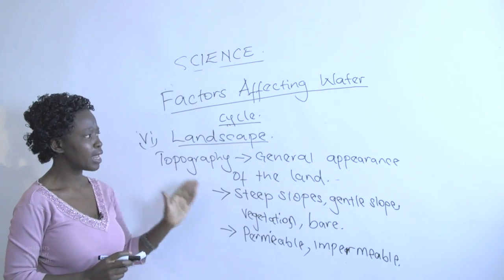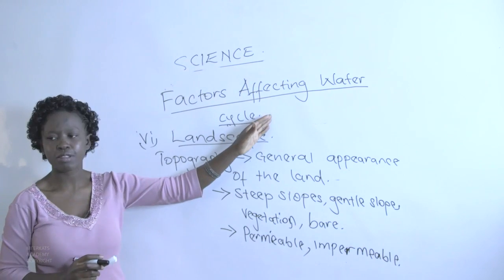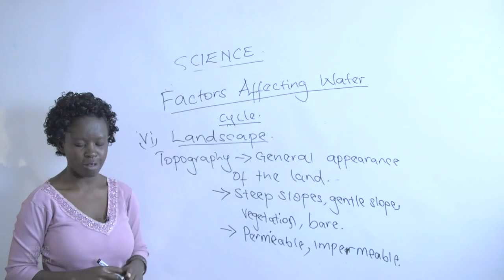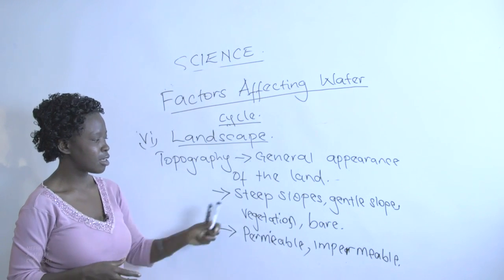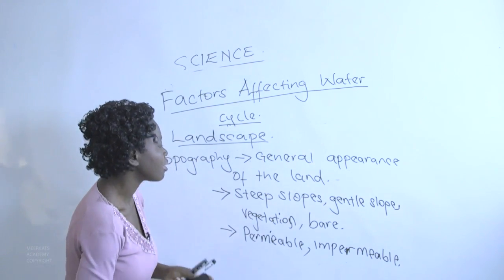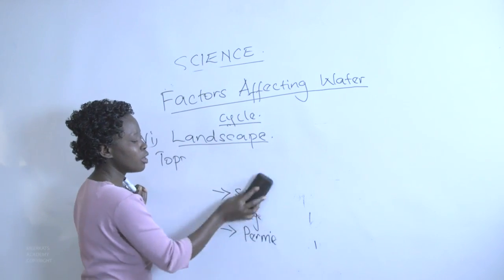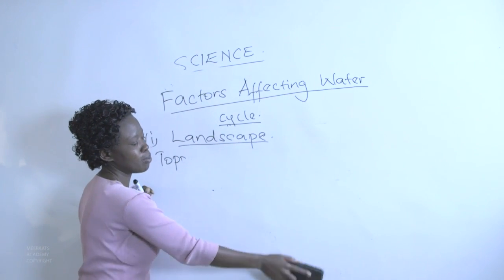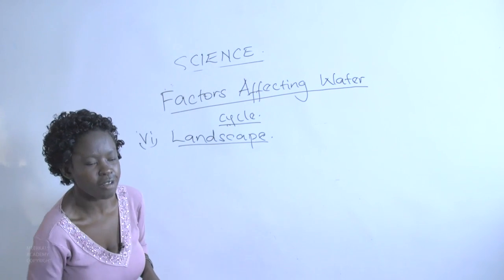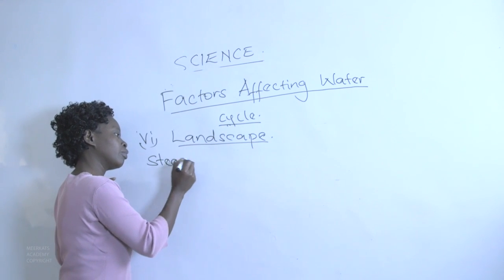The way the land appears will definitely affect the process of the water cycle. For instance, if rainfall is falling on a steep sloped area, this water will not percolate into the ground, so it minimizes the percolation process but encourages surface runoff.